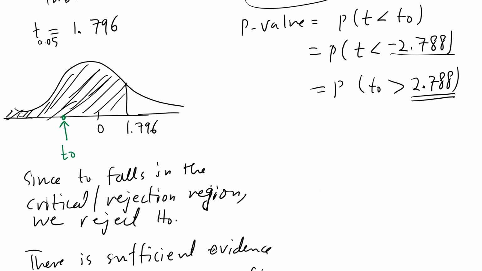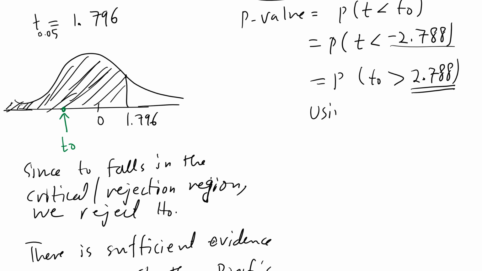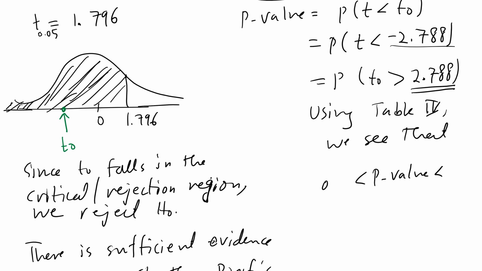Okay, let me write down here. Using table 4, we see that the p-value falls between 0.005 and 0.01.